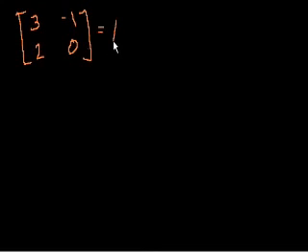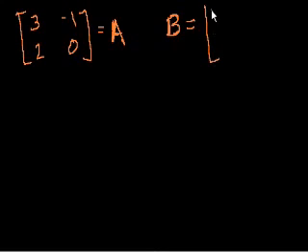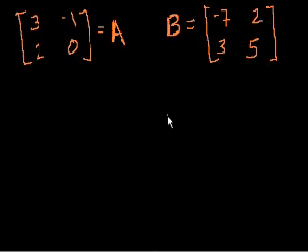Let's call that A, capital A. And let's say matrix B, and I'm just making up numbers, is equal to -7, 2, 3, 5. So my question to you is, what is A, I'm doing it bold like they do in the textbooks, plus matrix B? So I'm adding two matrices.